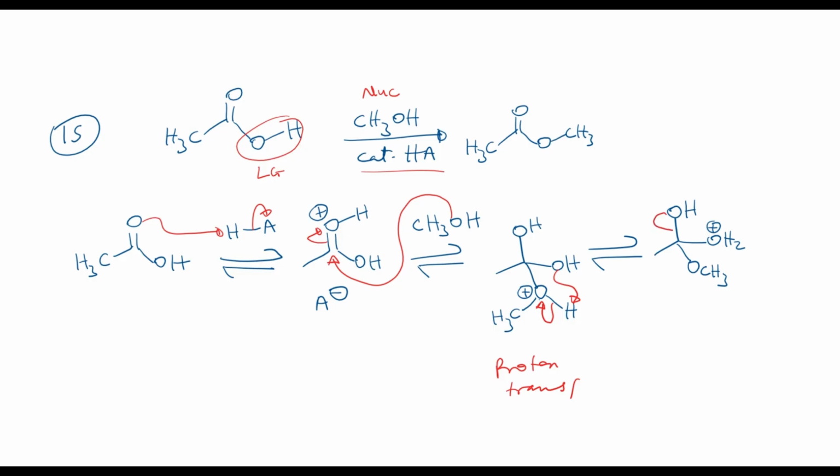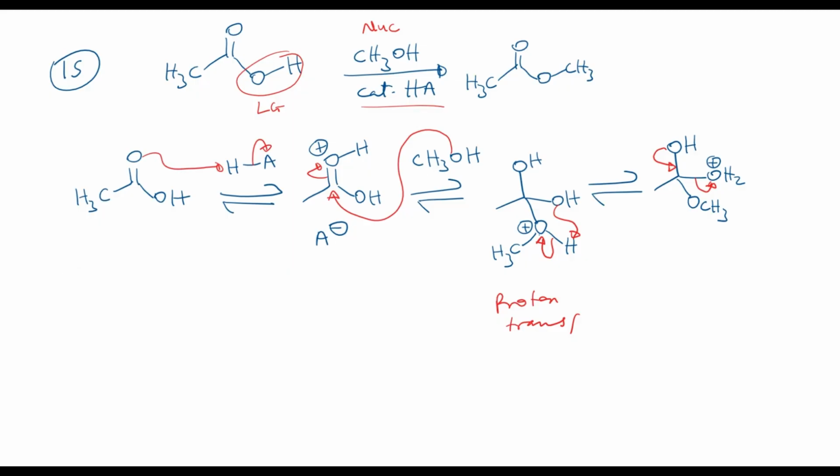So the lone pair of the oxygen of the hydroxy group collapses to form a double bond, thereby kicking out a water molecule. We need to get rid of the positive charge on the oxygen.